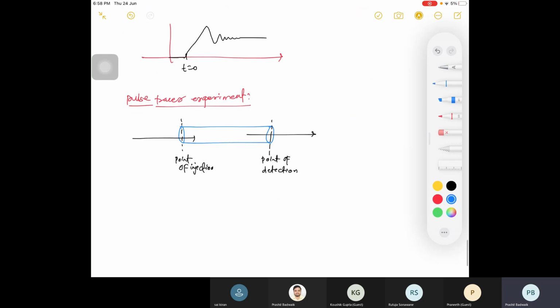Okay. For pulse input, I told you what your profile at time t equals 0 is. You will be having a sudden peak, right? With concentration that is C naught, amount of tracer. This is your inlet profile.